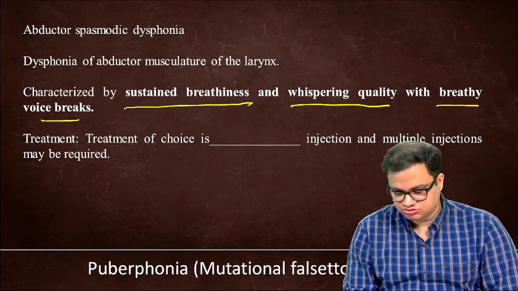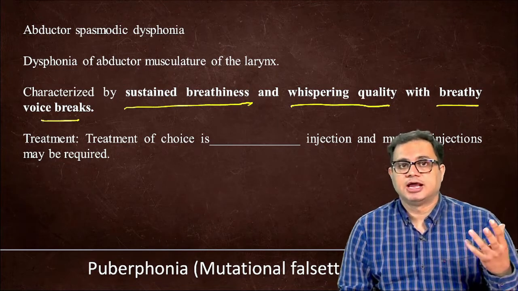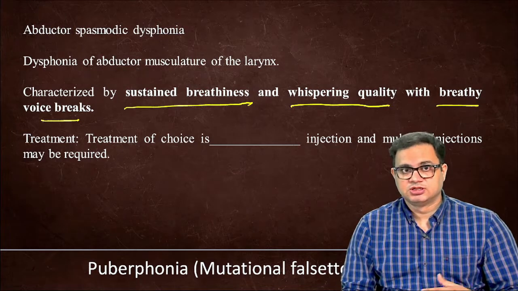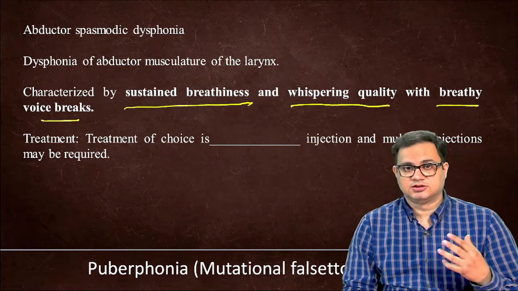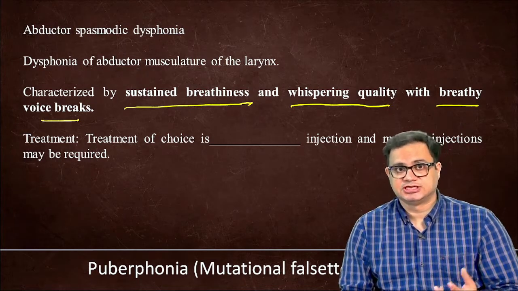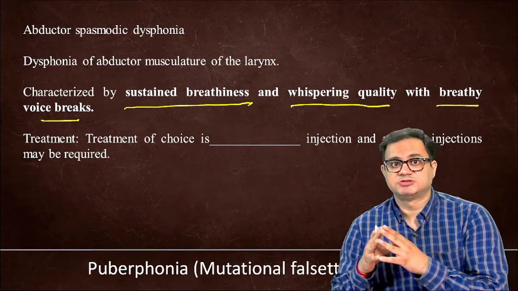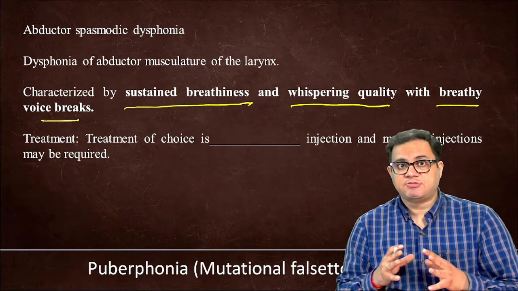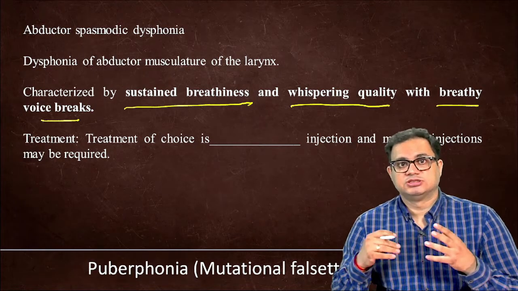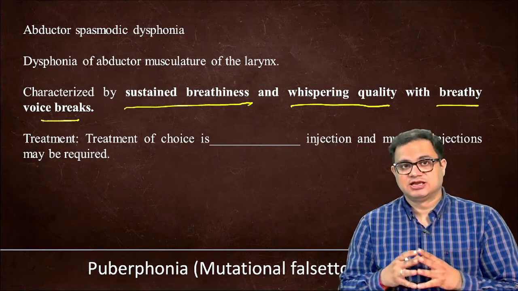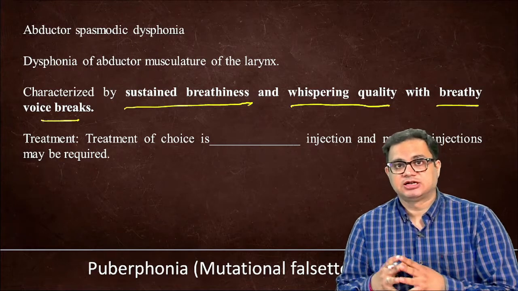So the voice will be breathy in case of abductor spasmodic dysphonia. When you ask the patient his name, the patient will tell you in a breathy, whispering voice, my name is Harsh. That is the characteristic of abductor dysphonia.